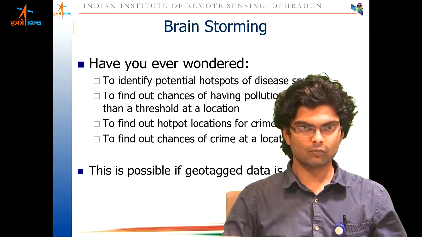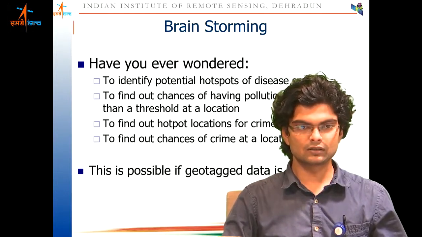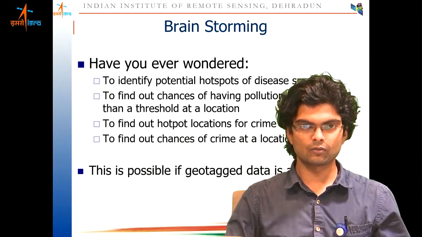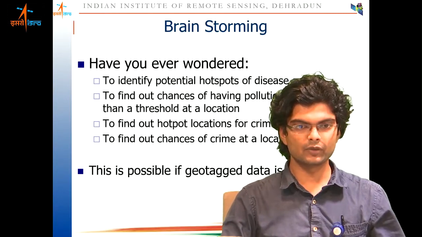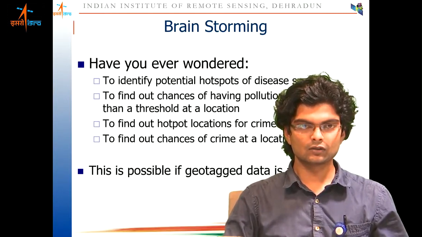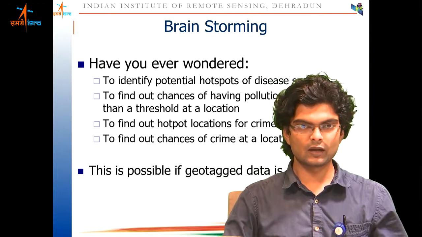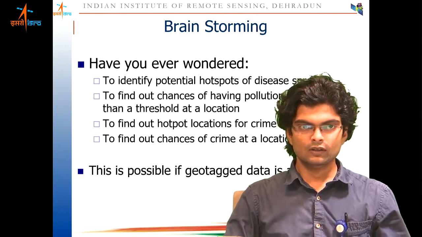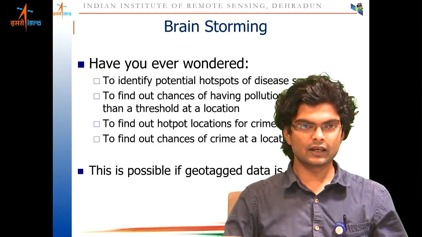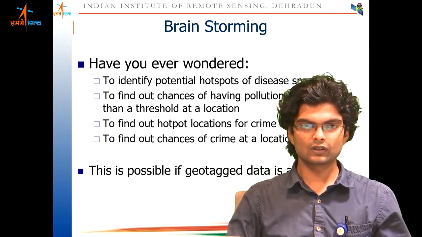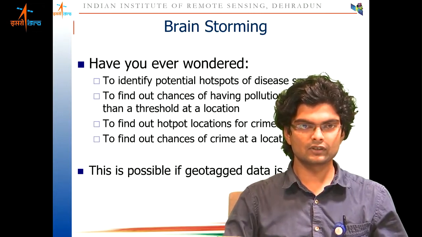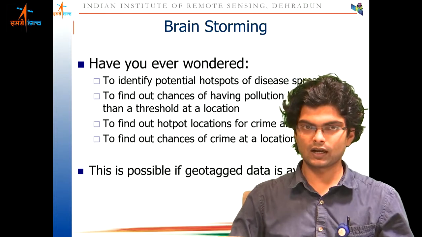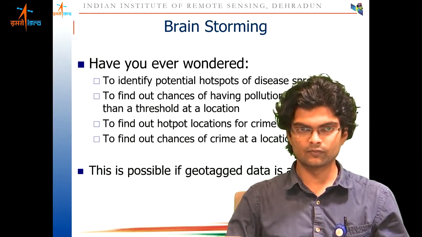And apart from disease mapping, this technology like hotspot and risk mapping can be used for crime analysis also. What are the hotspots of crime incidents and what are the safe zones with respect to some particular kind of crime. This technique can also help you to find out the chances of having some particular kind of crime at any location.